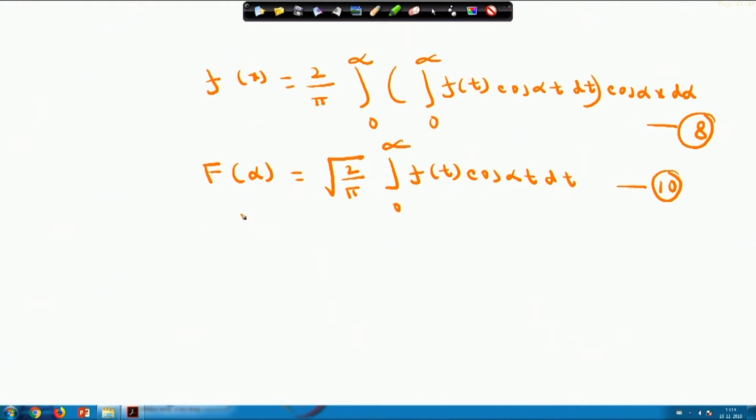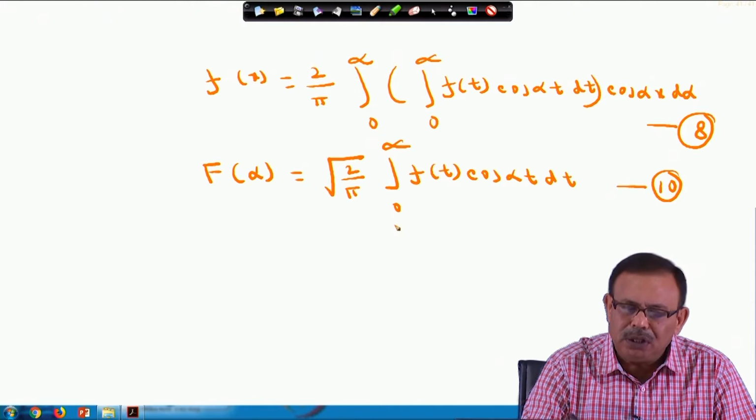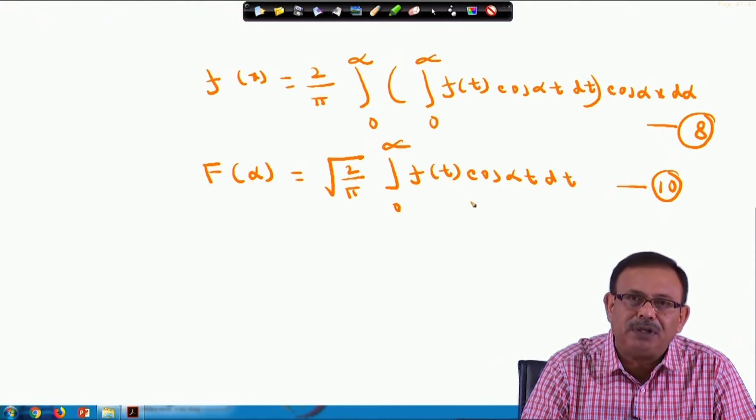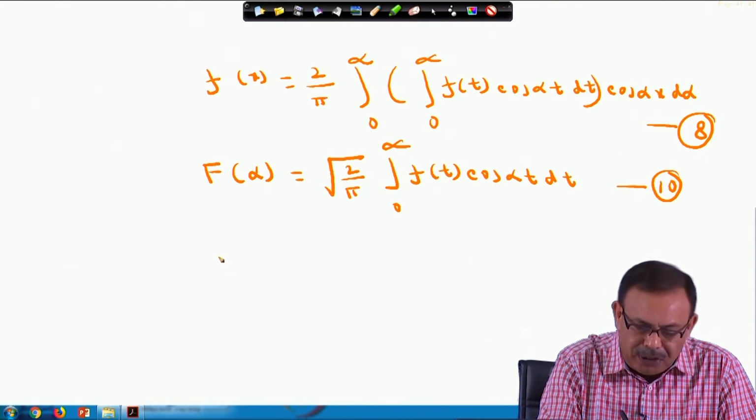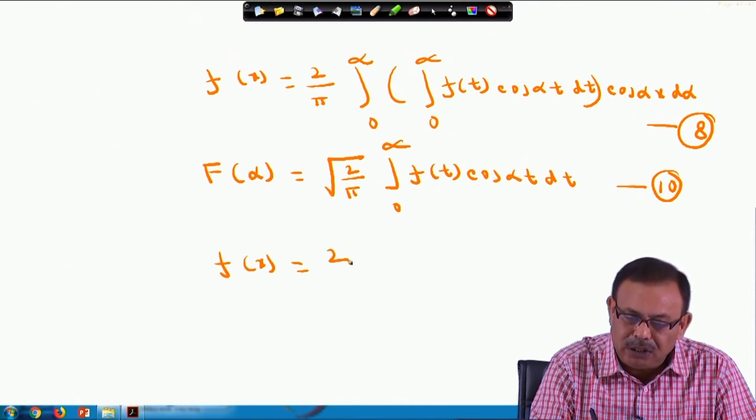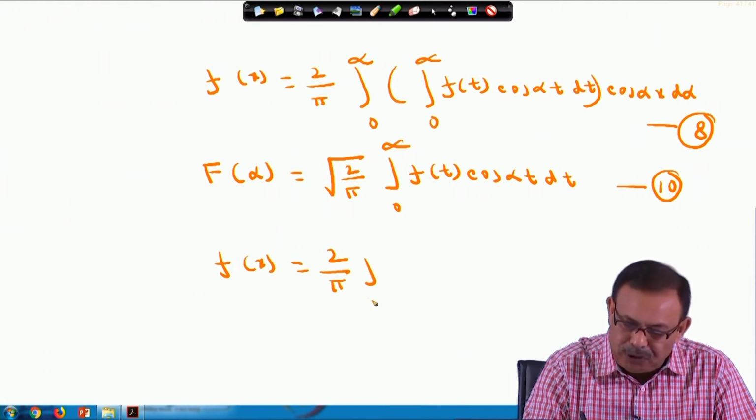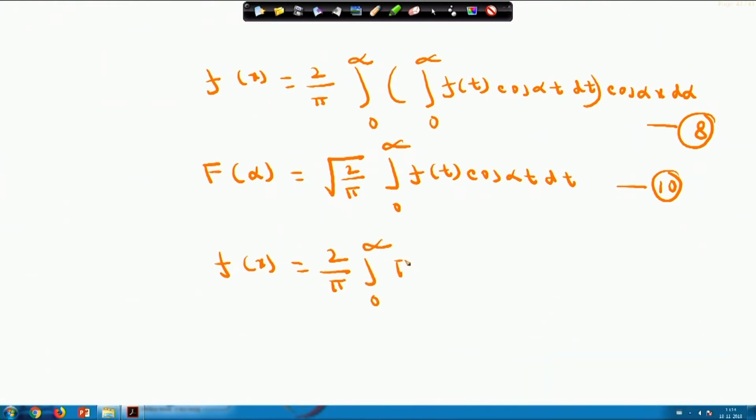Then f(x) you can write as root over 2 by pi, integral from 0 to infinity of F(alpha) cos(alpha x) d alpha, since F(alpha) we have taken with root over 2 by pi.